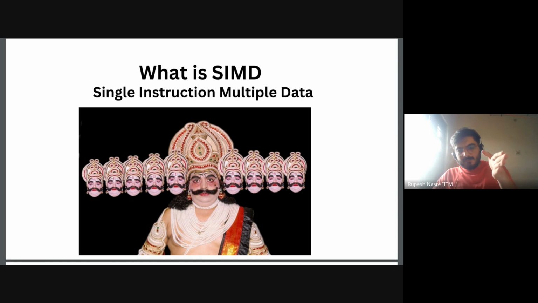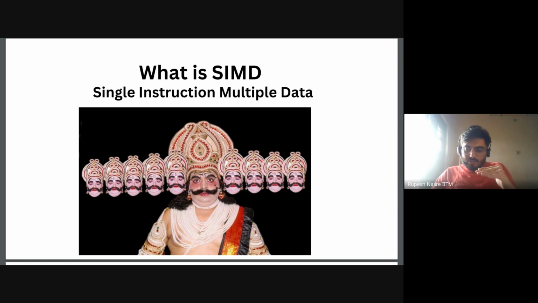The Ravan will be at a particular point at the same step, but each and every head of the Ravan can have different data, can say different things. Each head of the Ravan can think different things, right? So it will be the same thing.